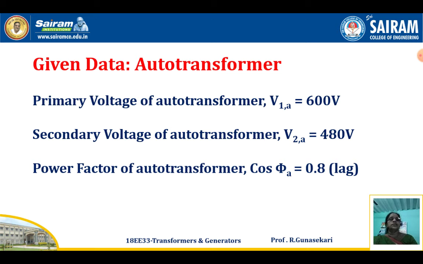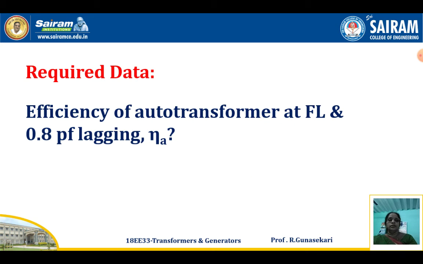The power factor is 0.8 lagging, at full load conditions. So based on the given data, the required data is the efficiency of the auto transformer at full load and 0.8 power factor lagging.